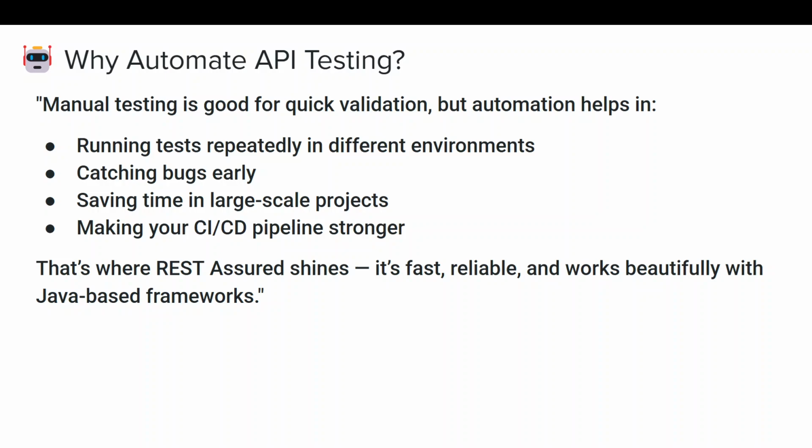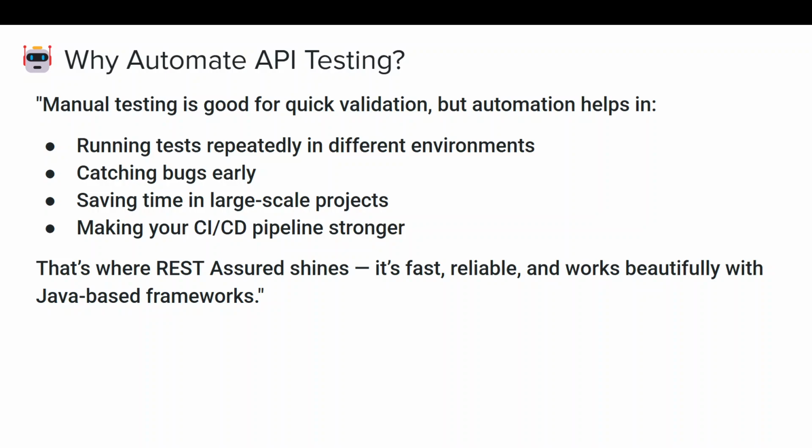Manual testing is good for quick validation, but automation will help to run the API tests which we have to run repeatedly in different environments. Or let's say we want to catch the bugs early. If you want to save time in a large scale project, for example if there are hundreds of APIs, testing all the APIs manually will become a time consuming activity.